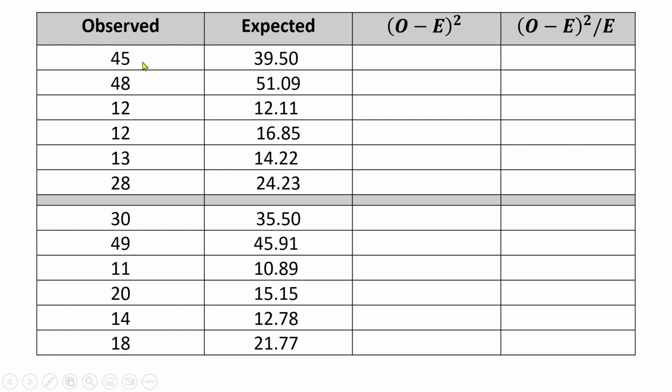The question is, are those differences just due to sampling variability, or are they due to something systematic, meaning the null hypothesis is not true, the assumed distribution is not true? So anyway, having said all that, how do we measure these distances? We take an observed value minus an expected value, and then we square that. So we're taking a sum of squares of deviances, differences between what was observed and what we expected to see.